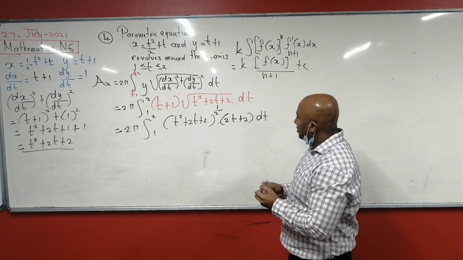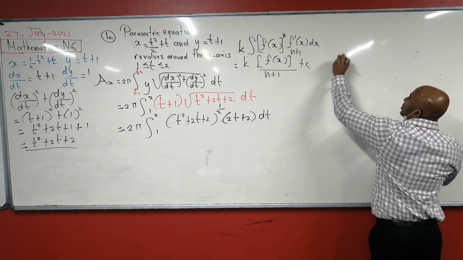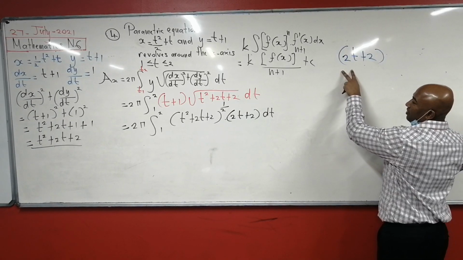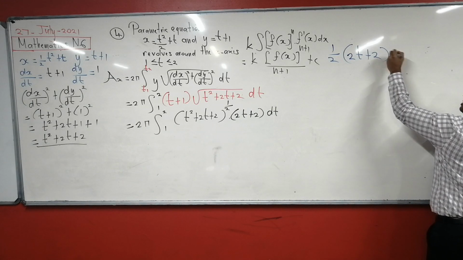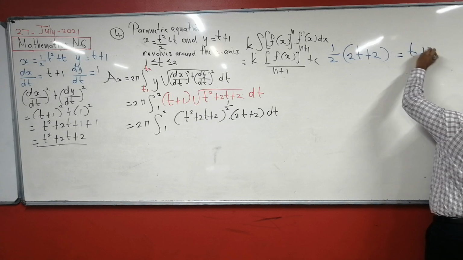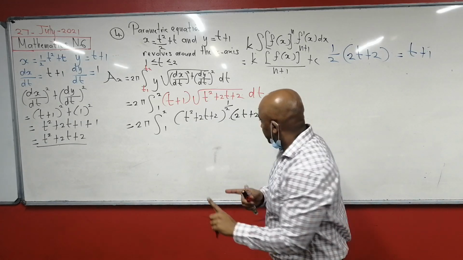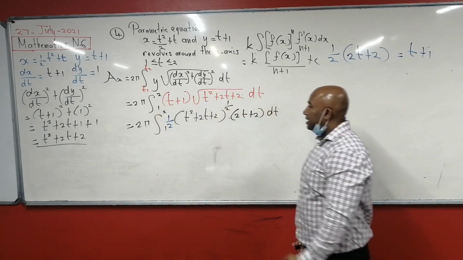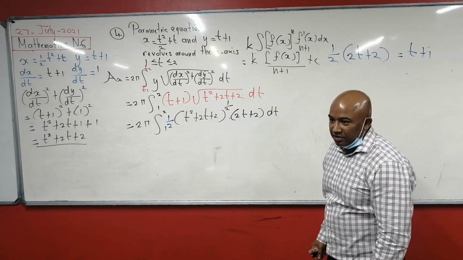So let me show you. 2t plus 2 is what I have. If I multiply it by half, half times 2t is t, and half times 2 is 1. It comes back to the same thing. That is integration by inspection. So I'll multiply by half, and now it's a 100% exact derivative.